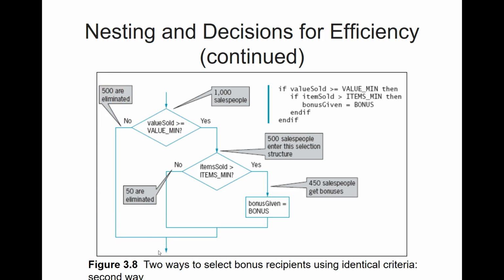They didn't sell a high enough value in total. So what happens then, only 500 people go through this decision process. So we dropped off the 500 who didn't sell enough product in terms of value. Here we come in with the items minimum, and we drop off the other 50 here.